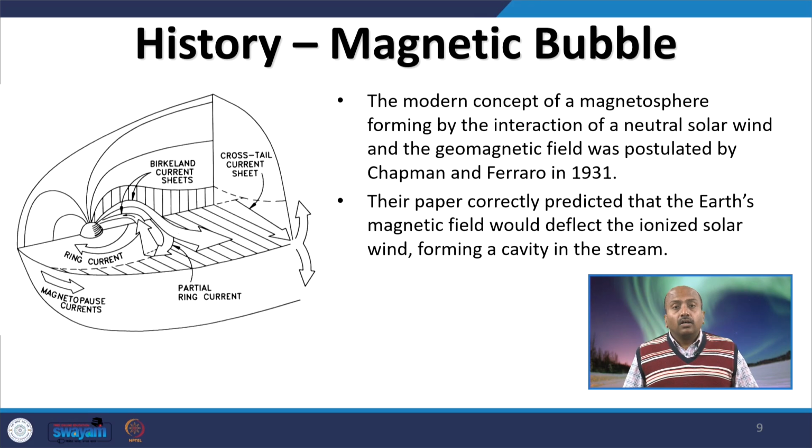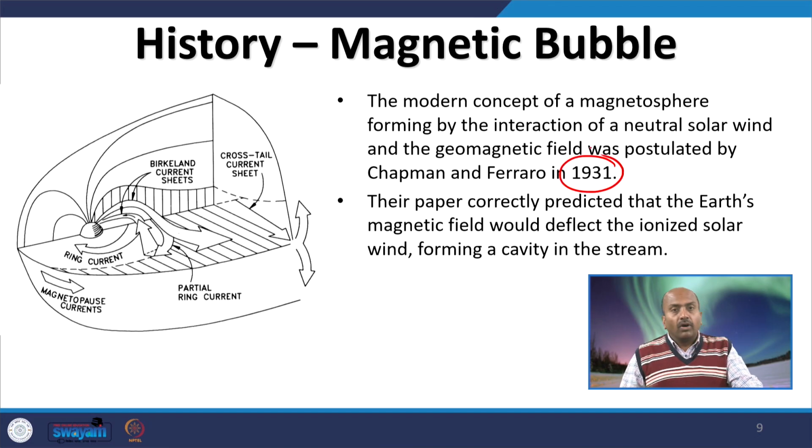And then this entire region where the magnetic field's influence can be felt is now referred to as the magnetic bubble. So, the modern concept of the magnetosphere, formed by the interaction of the neutral solar wind and the geomagnetic field, was postulated by Chapman and Ferraro in 1931.